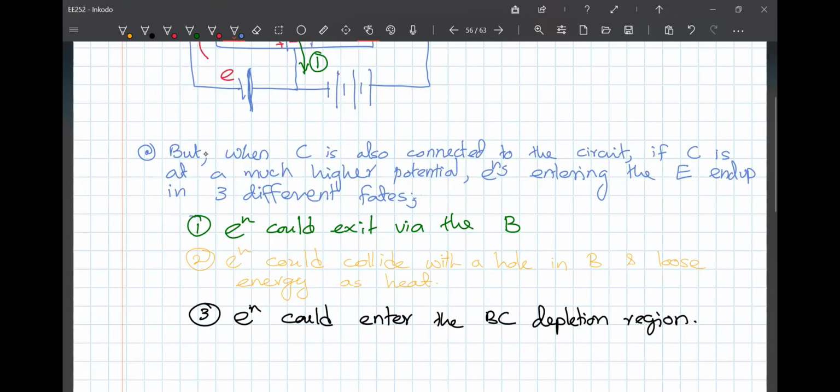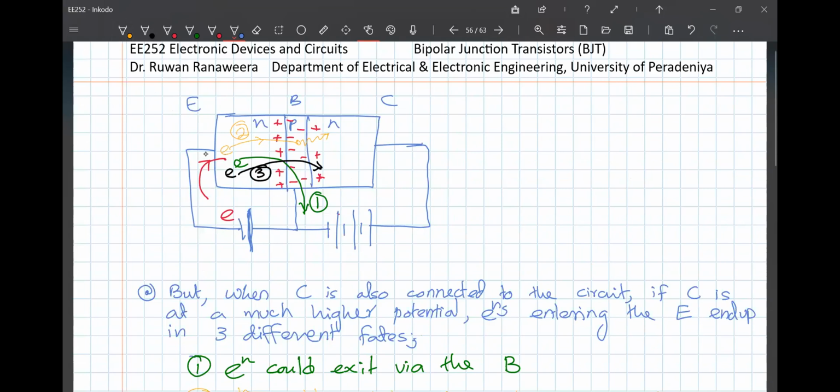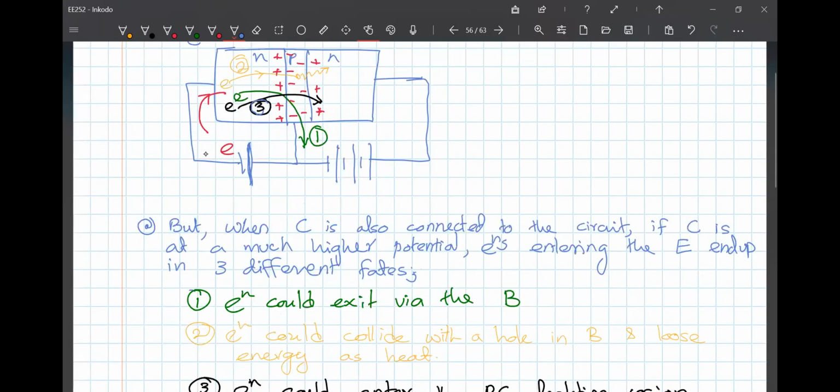If you make the thickness of the base region of the transistor very, very small, and also make the number of holes available in this region very small, in other words, you very lightly dope it so that the number of impurities in this crystal is very small, then we reduce the number of holes in this region as well as the thickness, so that mechanisms 1 and 2 can be reduced, and we can increase the probability of mechanism number 3, the third mechanism, basically jumping to the other side. Now we'll see why we do this in a minute.